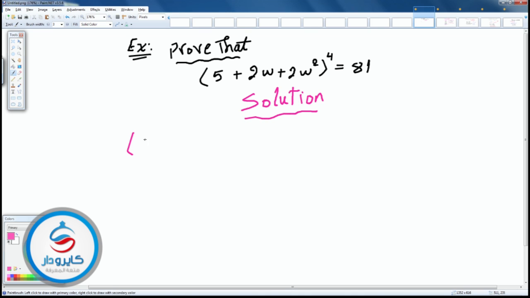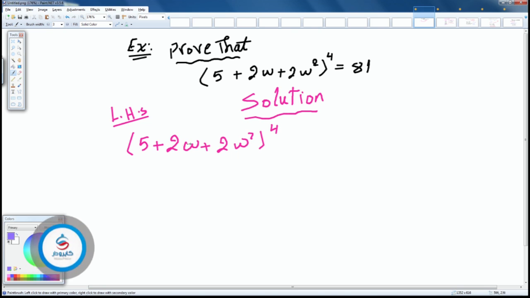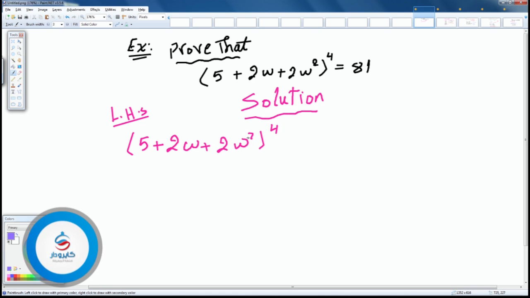First, we have to write it again: 5 plus 2 omega plus 2 omega square, all to the power of 4. This is the left hand side. What are we going to do now? We have 2 omega plus 2 omega power of 2, and this is 5.